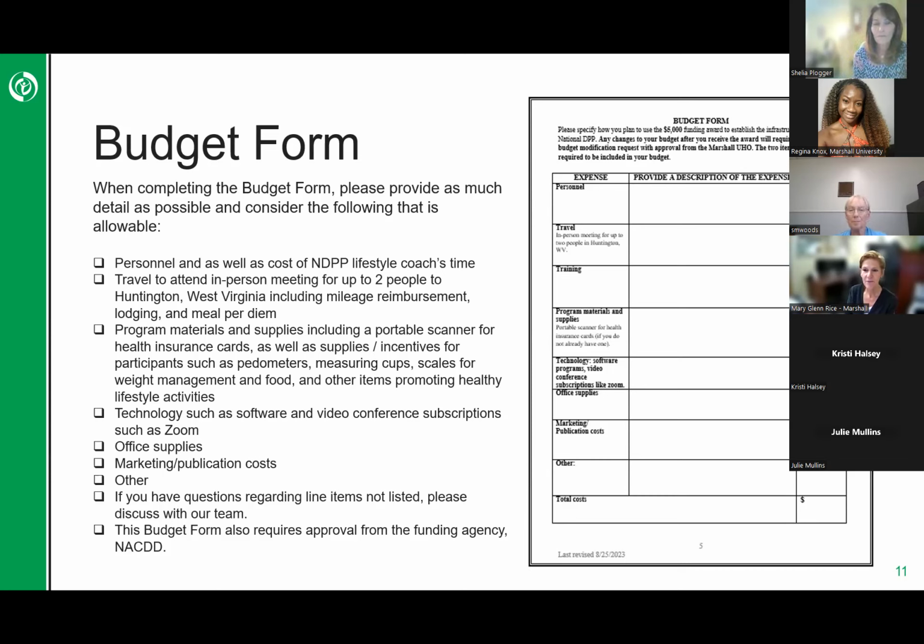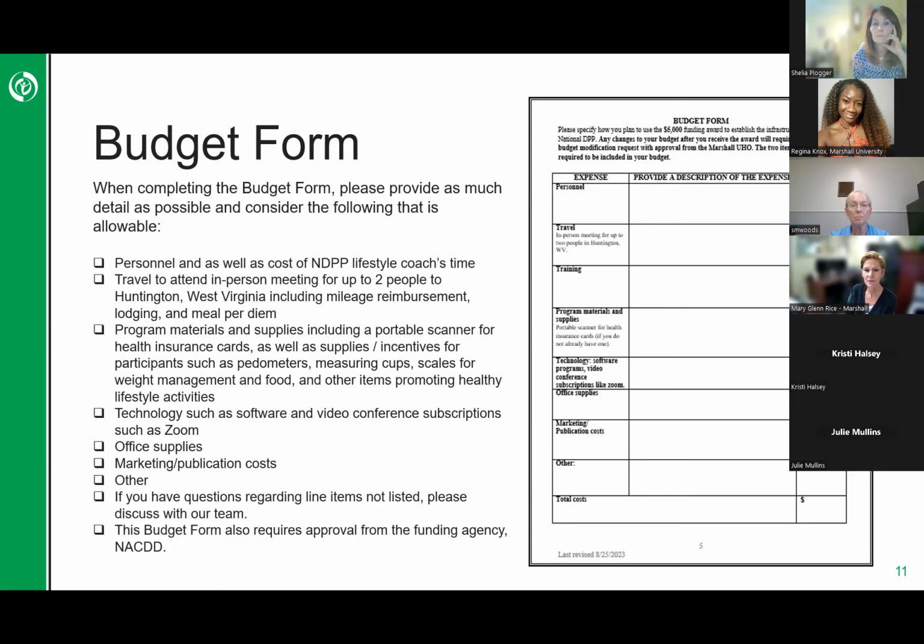It's a very basic one-page budget form that we would like for you to complete that lets us know how you would be spending your $5,000 mini grant funding. Basically the allowable items for spending obviously would be personnel, as well as your NDPP lifestyle coaches' time.